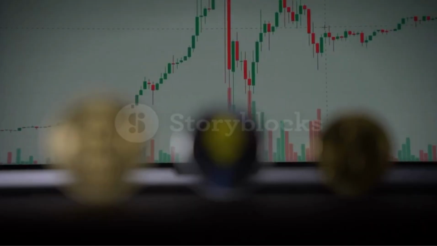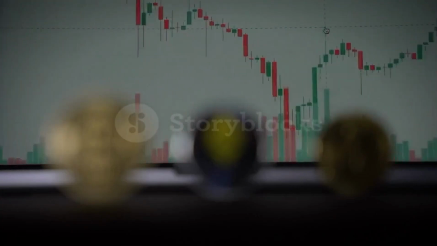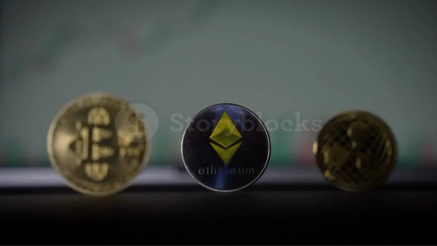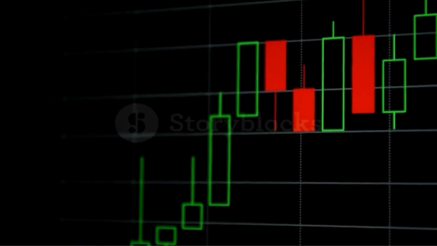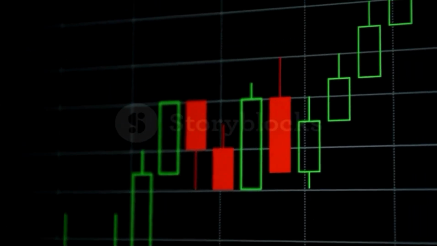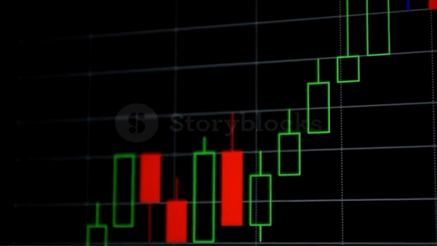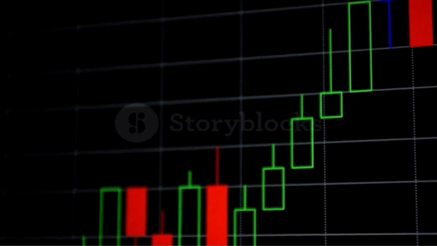In an uptrend, the 50-day moving average often acts as a dynamic support level. Every time the price dips down and touches the moving average, buyers step in and the price bounces back up. In a downtrend, moving averages act as dynamic resistance. Every time the price rises up to the moving average, sellers step in and push it back down.